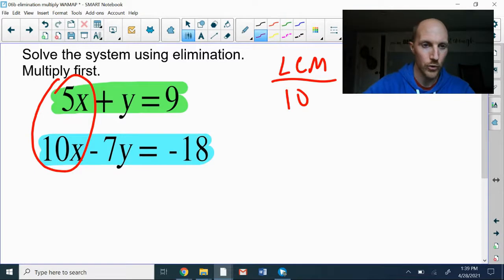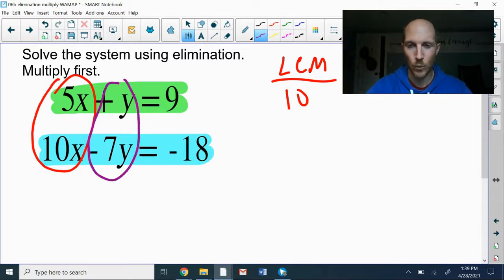And if I want to eliminate y, those coefficients, least common multiple for 1 and -7, I can go with 7. Or -7, I guess you could call it. So the blue equation, again, I could leave that one alone. It's already -7, that's fine, but I would need to multiply the green equation. So in either case, I'm multiplying one of the equations and leaving the other alone.